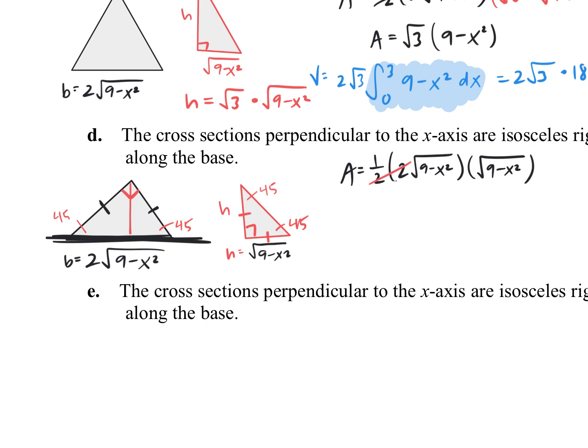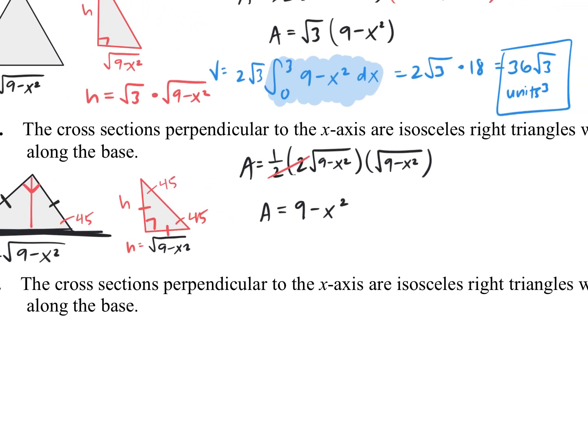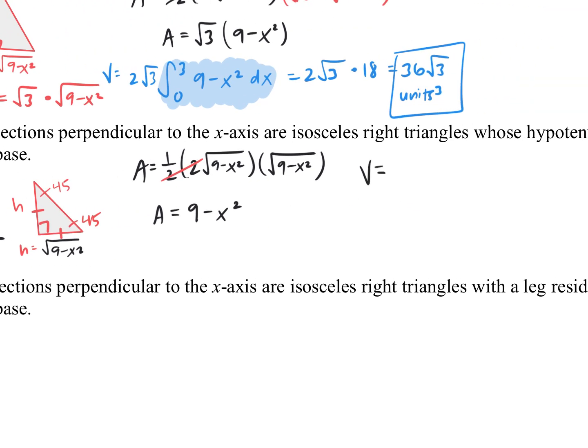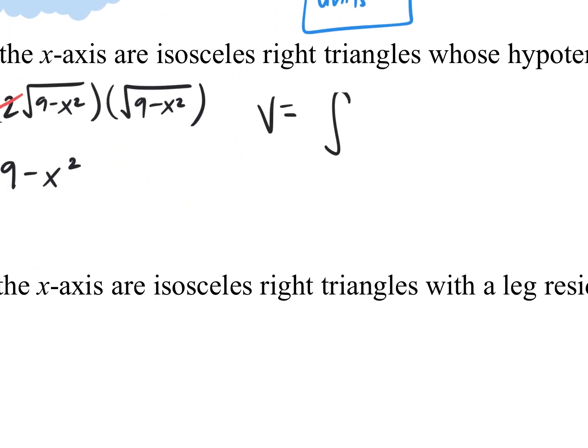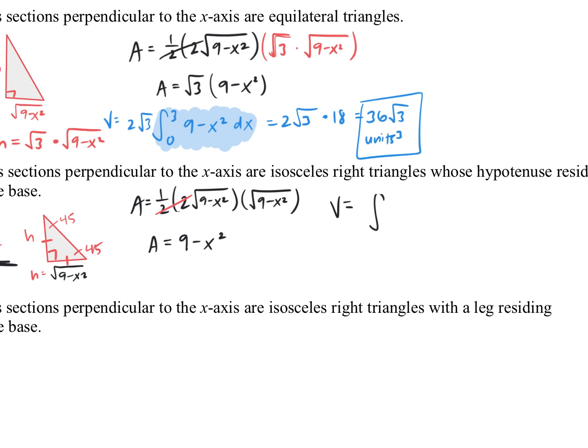That 1/2 and that 2, that's going to go away. And then I'm just left with the area is equal to 9 minus x squared, right? So now I've got to find the volume. So volume is going to be equal to my integral from, what are we at again? 0 to 3, but we're going to multiply that by 2, of my formula 9 minus x squared dx.